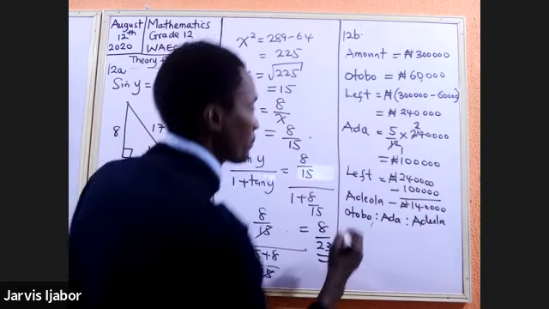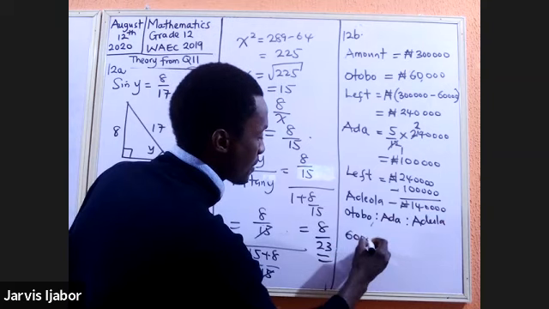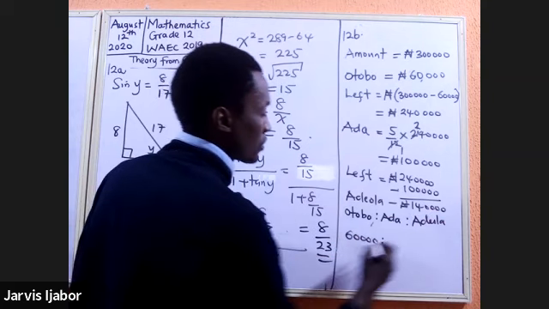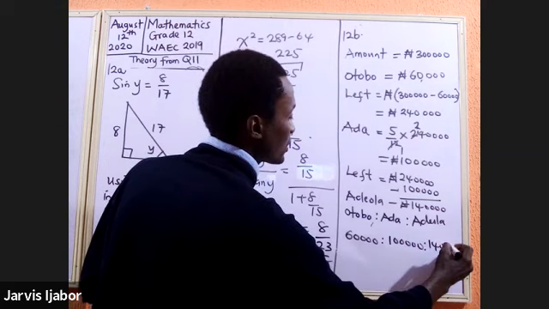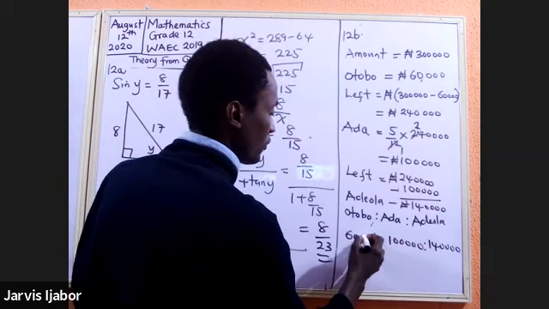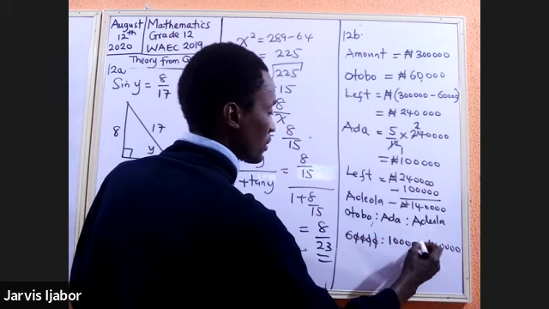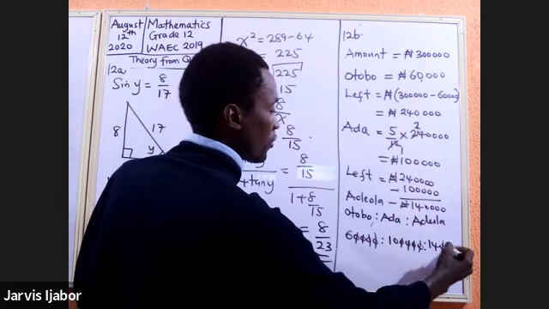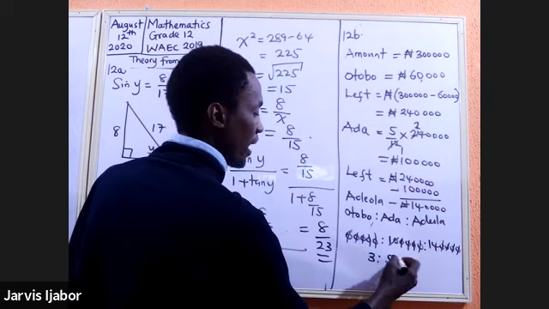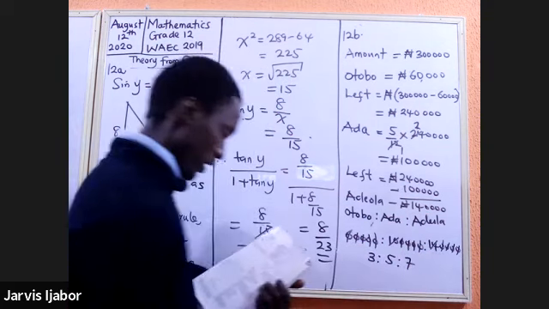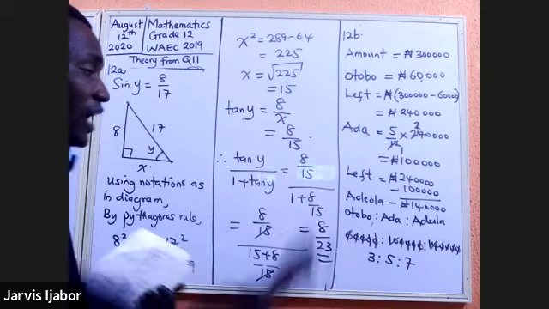So that will mean 60,000 is to 100,000 is to 140,000. 4 zeros, 4 zeros, 4 zeros, 2 go here 3, 2 go here 5, 2 go here 7. So it is 3 is to 5 is to 7, and that's what the answer is.